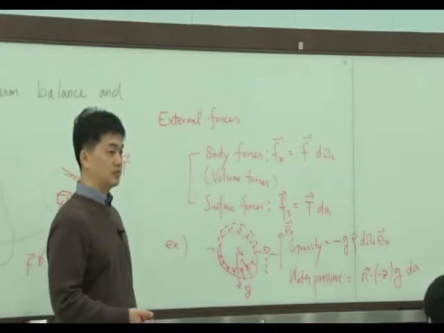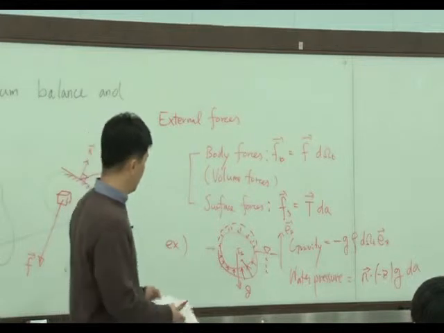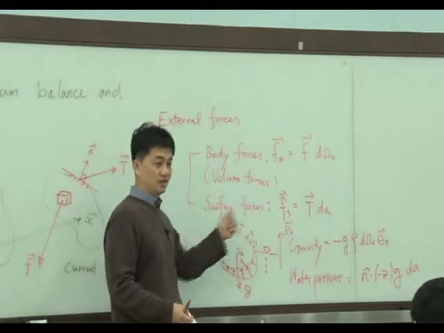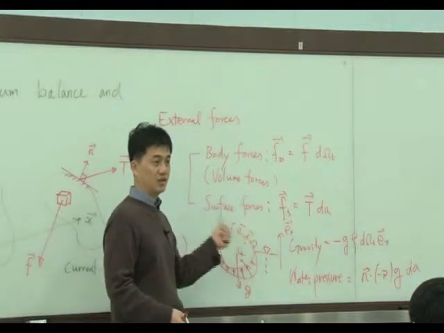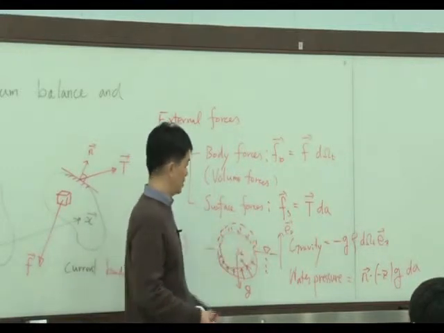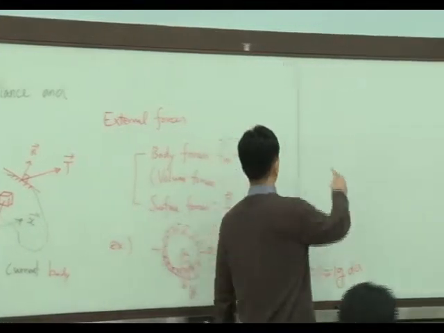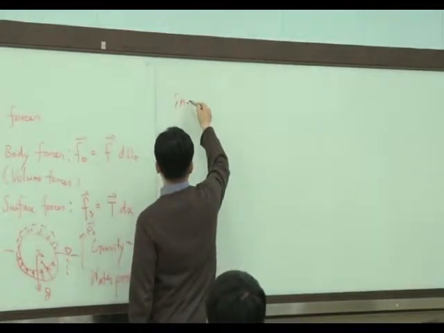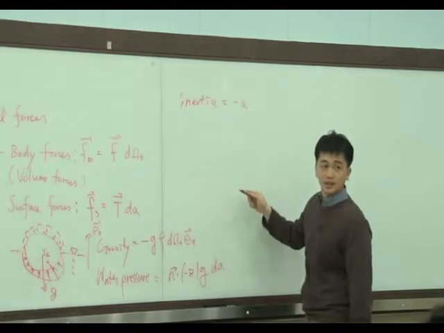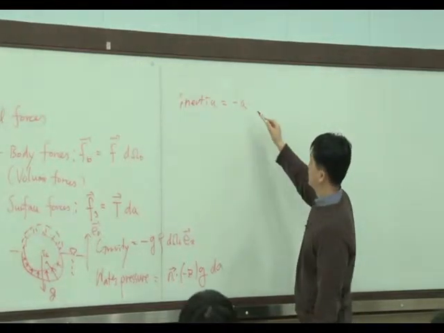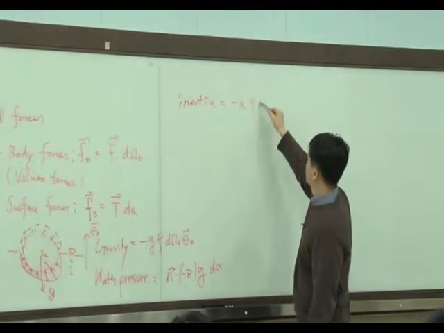Gravity is body force. So for example, if this body is moving, then we can have one more additional force. Inertia, right? Inertia equals minus a rho d omega t.